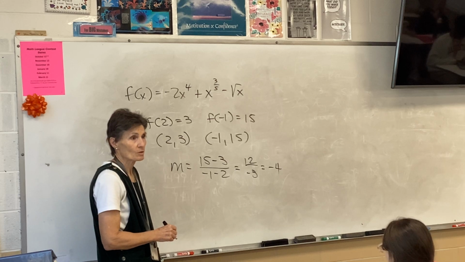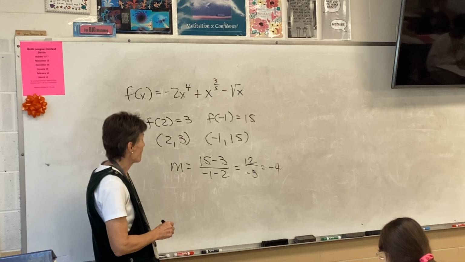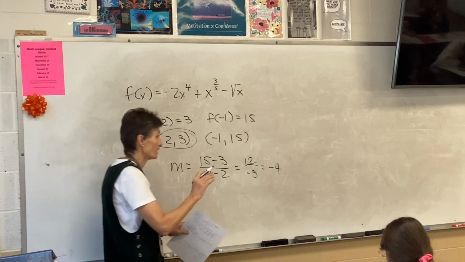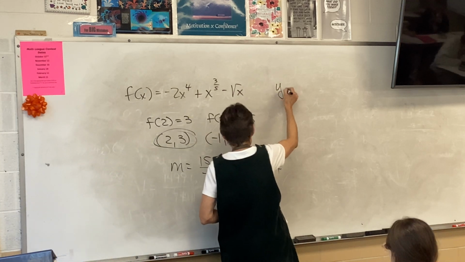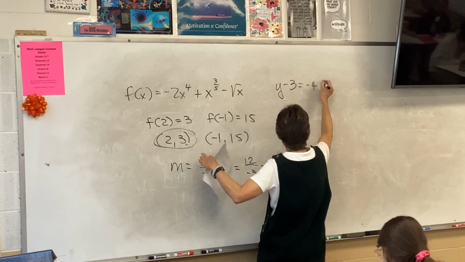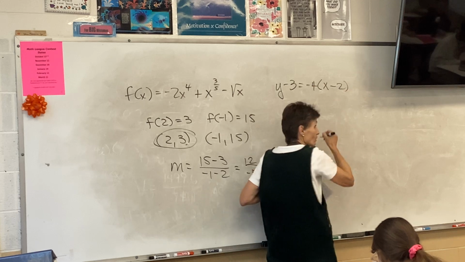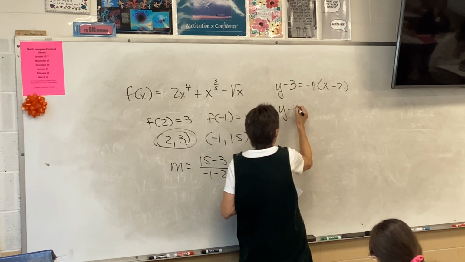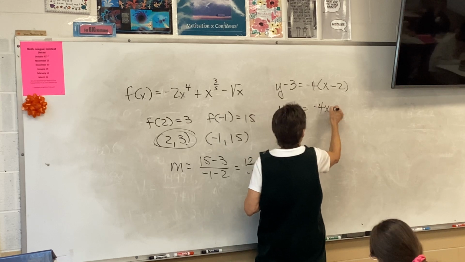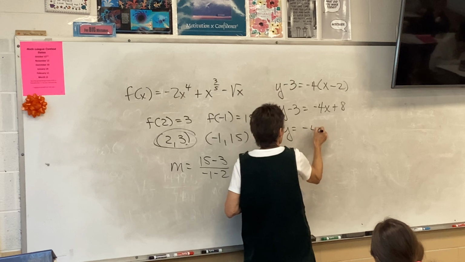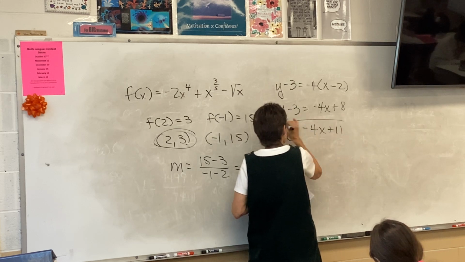So then what? Pick a point, doesn't matter which one, just pick one. I use that first one: y minus 3 equals negative 4 times x minus 2. That's what I got. So y minus 3 equals negative 4x plus 8, and y equals negative 4x plus 11.